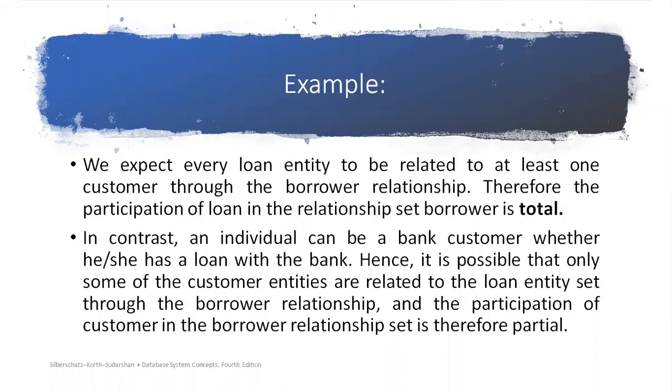So for each loan number, a particular customer name is there 100%, but not every customer has a loan account. Got it? If every customer does not have a loan account, we call it partial. So not too difficult if you see the example carefully.